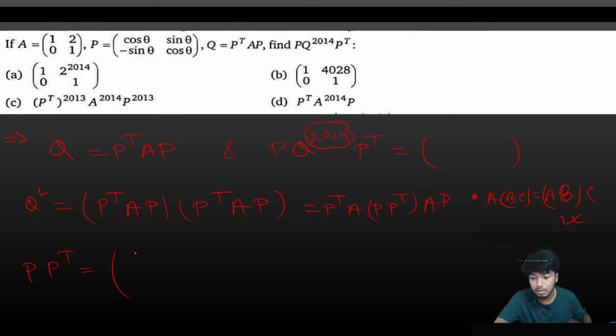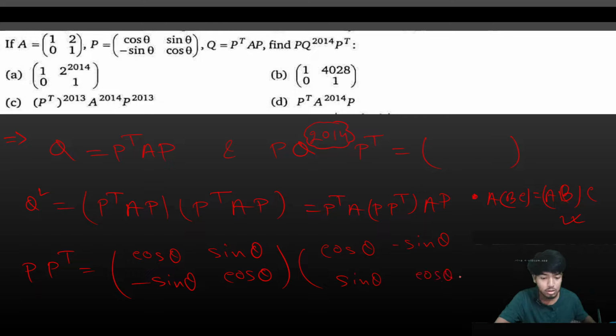What is P? P is cos theta, sin theta, minus sin theta, cos theta, multiplied by its transpose, cos theta, minus sin theta, sin theta, cos theta. If we multiply, what do we get?